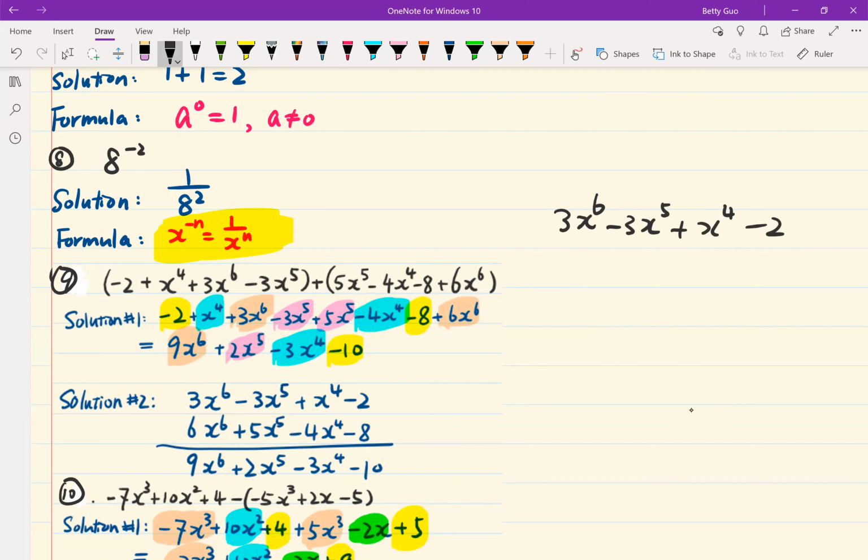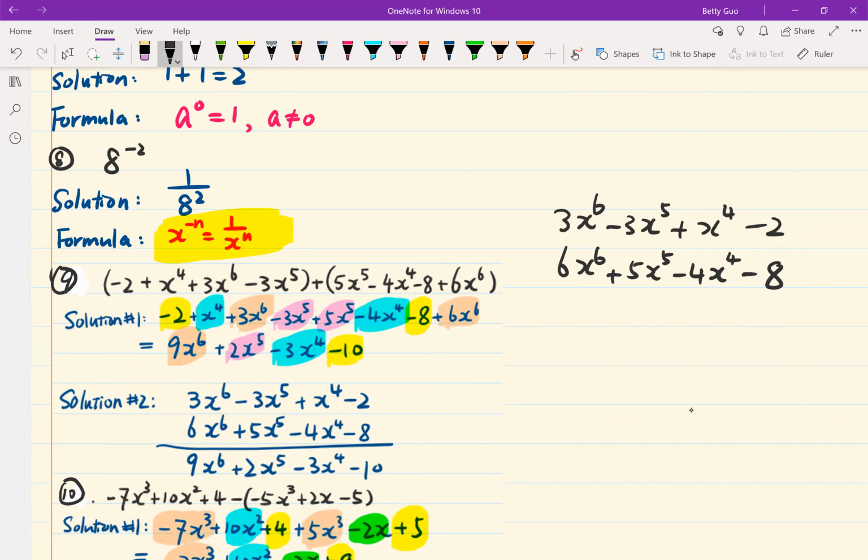The second polynomial also contains 4 terms, and they are the x to the power of 6 term, actually 6 multiplied by x to the power of 6, 5x to the power of 5, -4x to the power of 4, minus 8.